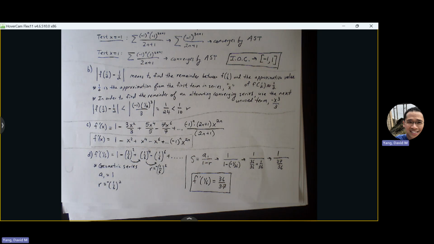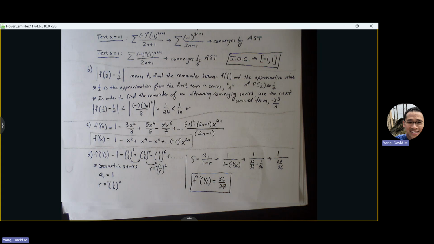My sum for a geometric series is just a sub 1 over 1 minus r. My a sub 1 is my first term. My common ratio is negative x squared, right? I'm multiplying by negative x squared every time to get to my next term. So therefore, since my x is 1/6, my negative x squared is negative 1/36.